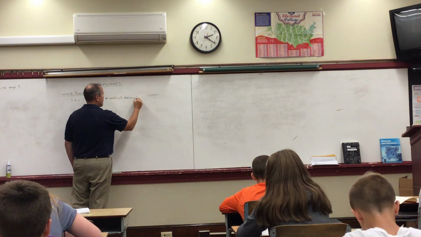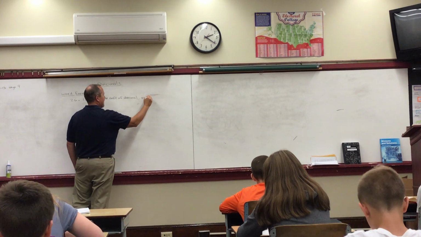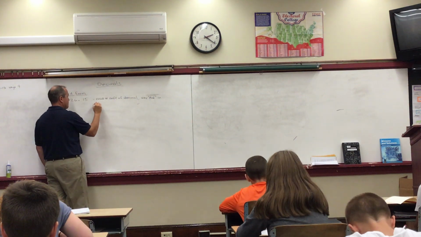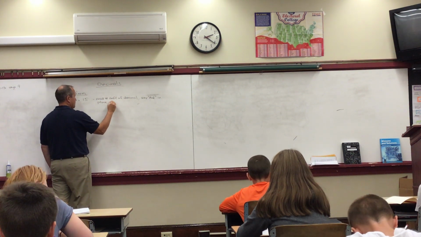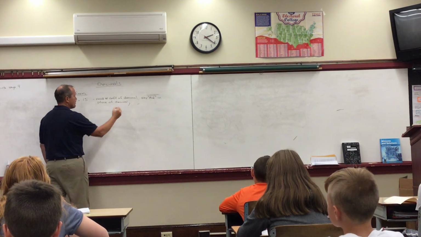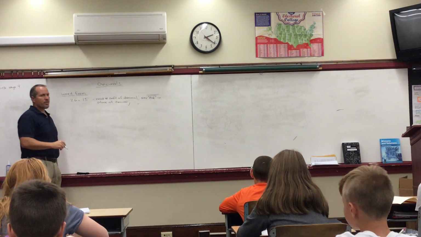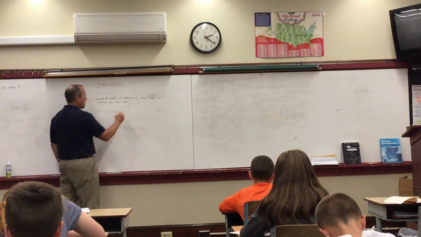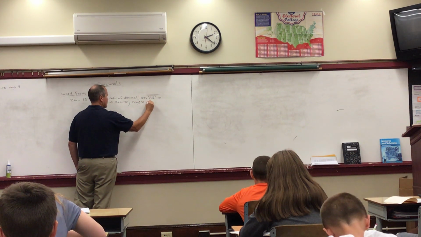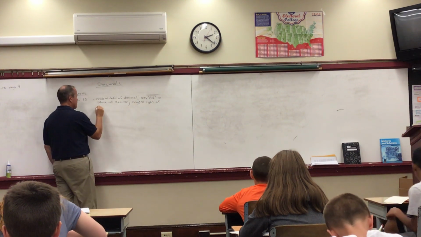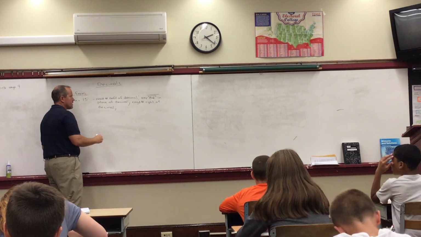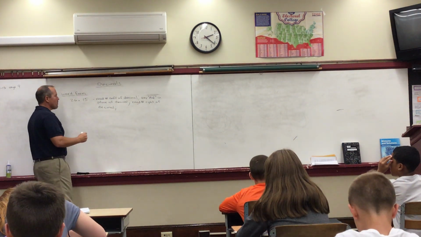You're going to say "and" in place of the decimal. You're then going to read the number to the right of the decimal. And then finally, you're going to name the place value of the last digit.